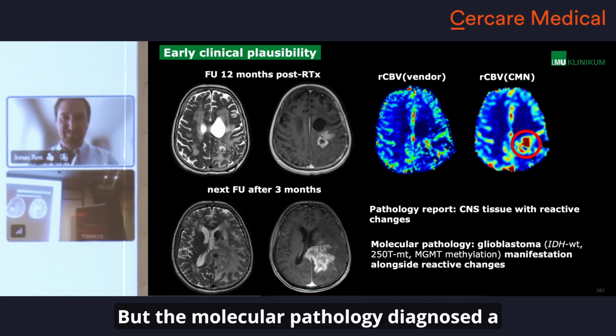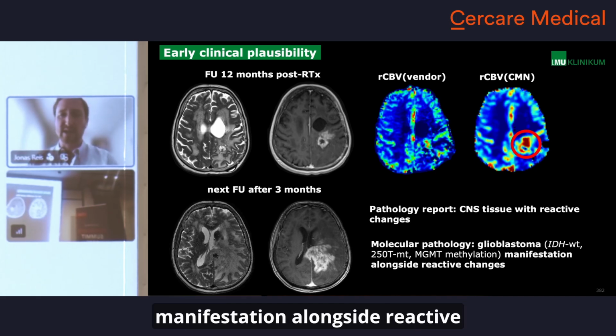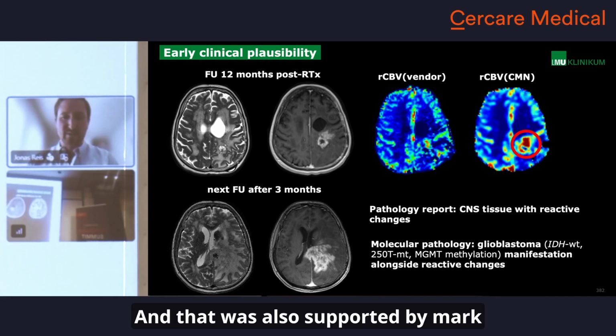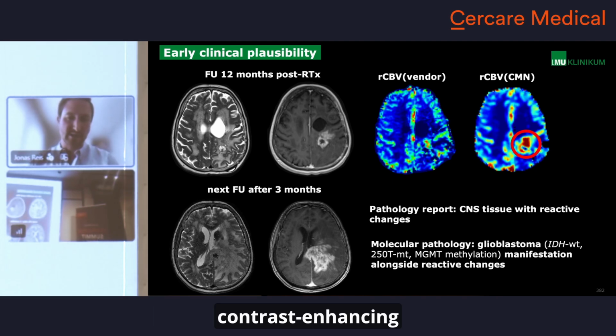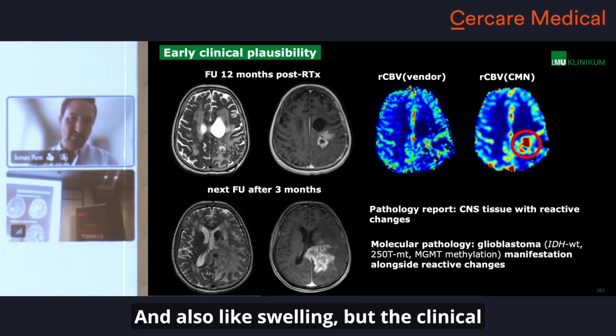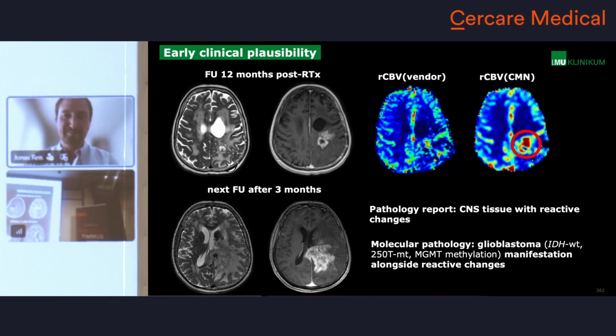But the molecular pathology diagnosed a new glioblastoma manifestation alongside reactive changes, and that was also supported by marked progression in the short interval follow-up with predominantly contrast-enhancing tissue, beginning necrosis and also swelling, but the clinical course did not match, and of course the pathology, pseudoprogression.